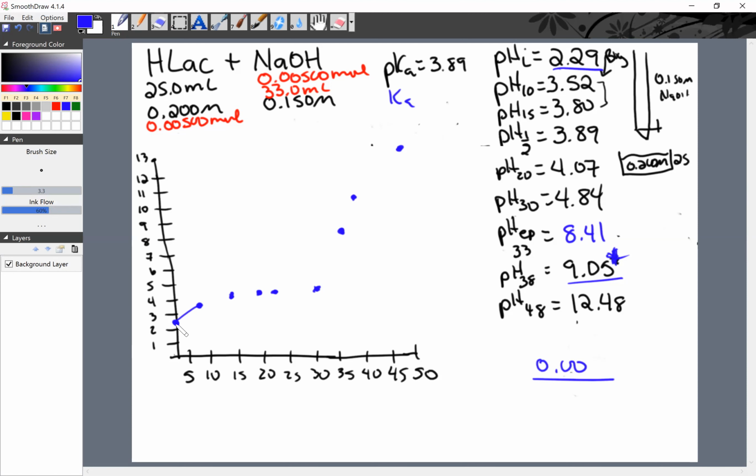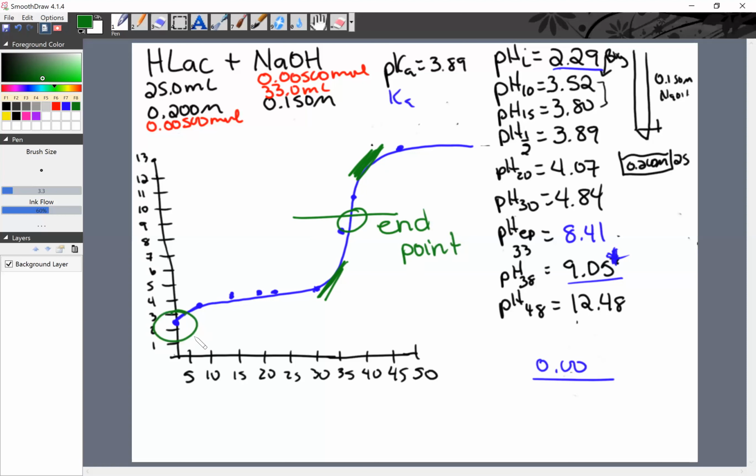Okay. All right. So my graph pretty much looks like that. If you go to the two steepest areas and halfway in between, that is your end point. Right here is your initial.